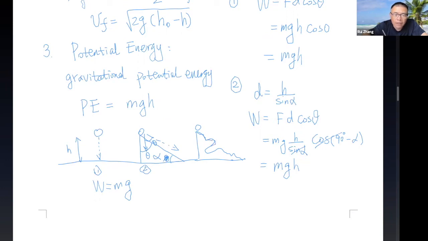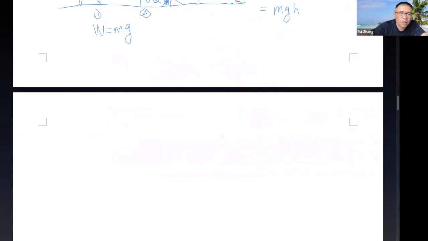Our discussion is independent of the angle, because we always got the same thing. So if you break this very complicated curve into many small ramps, you conclude that the work done is the same as in this case or this case. So in all cases, the work done is the same. This is a very special property.